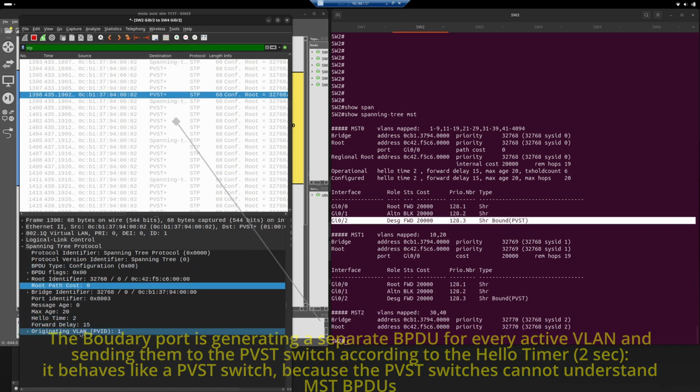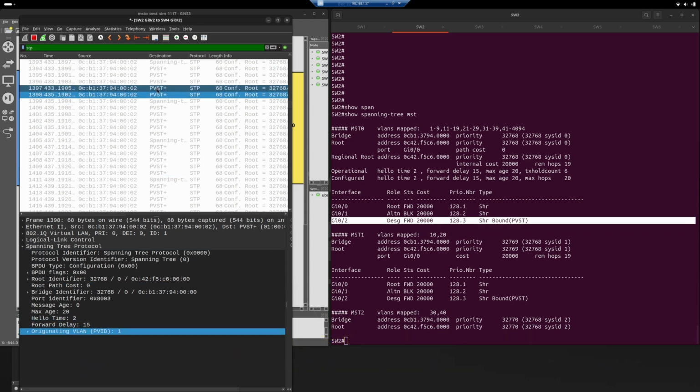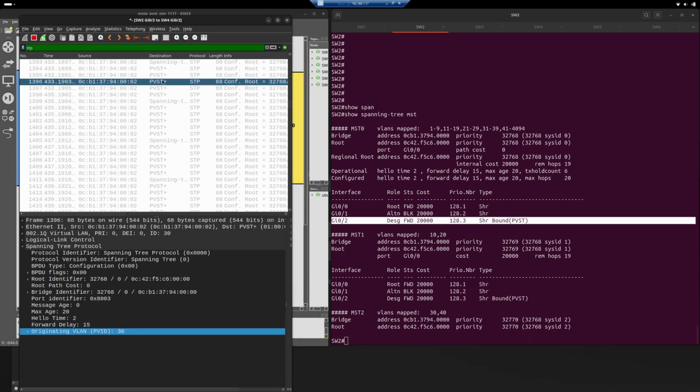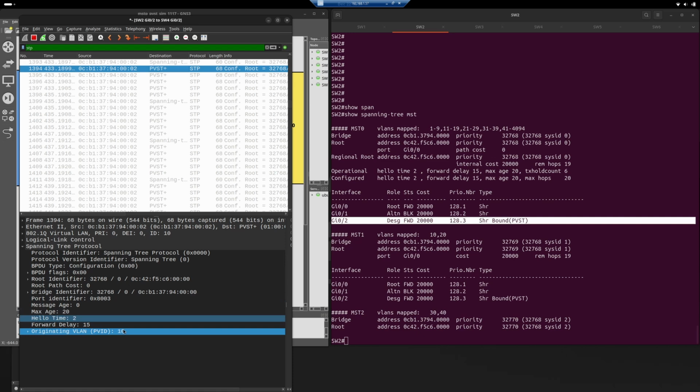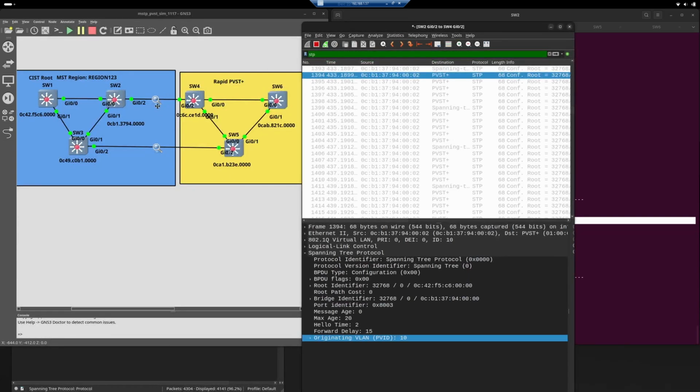See, the originating VLAN: VLAN 1, VLAN 40, 30, 20, and VLAN 10. And the frames are also tagged with the regular 802.1Q VLAN tag, because these are all trunk links.